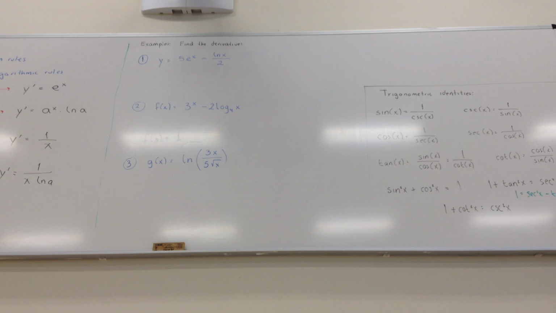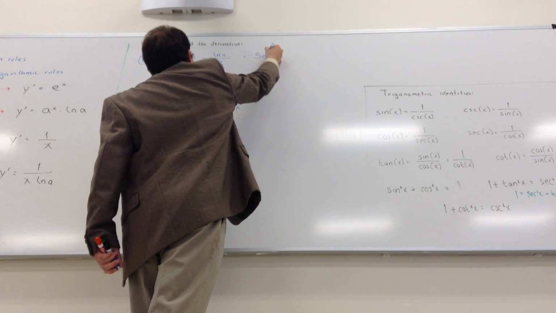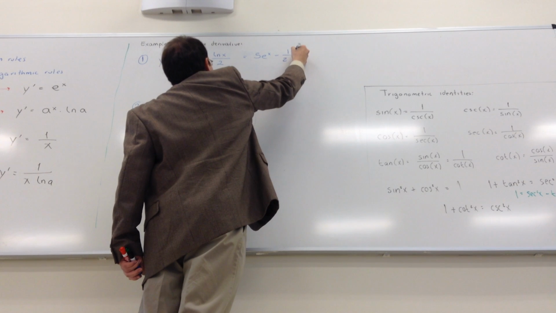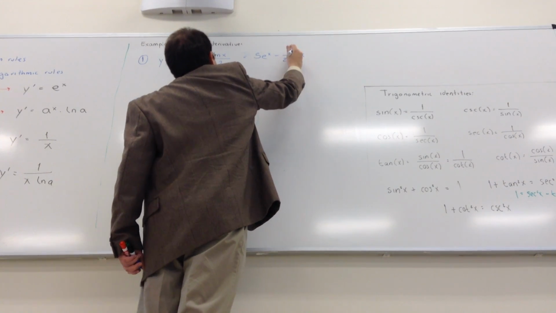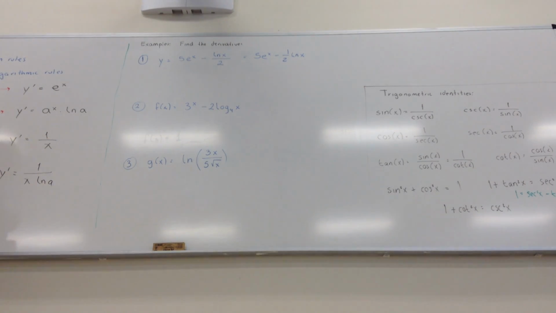So now the examples. The first one says y equal to 5 e to the x minus ln of x over 2. Do I need to rewrite anything there? Yes, one half ln of x. So, derivative.